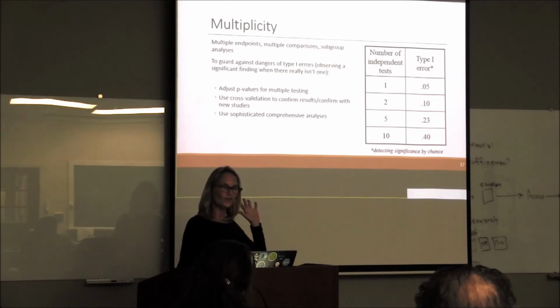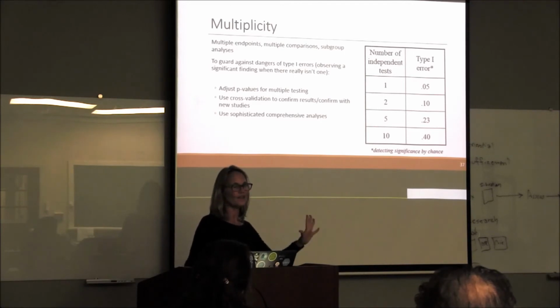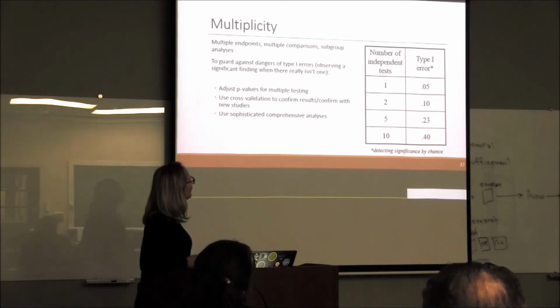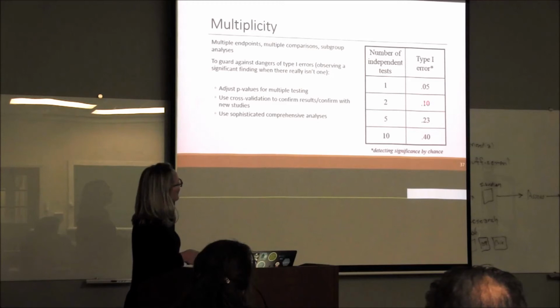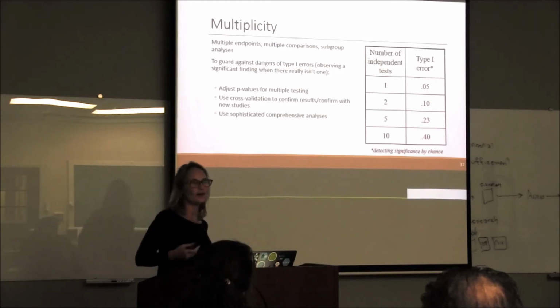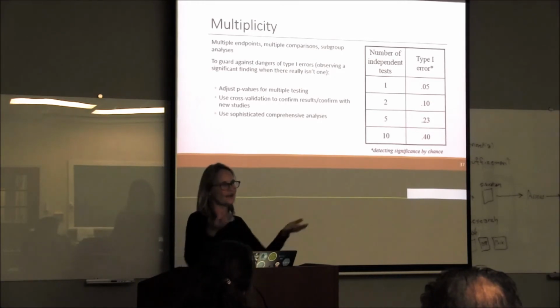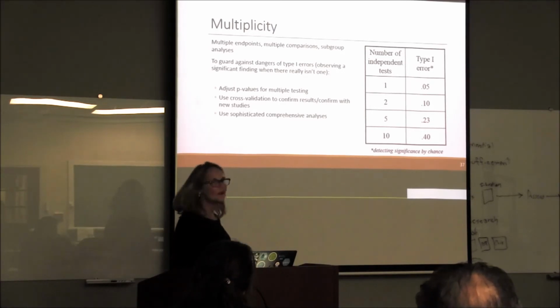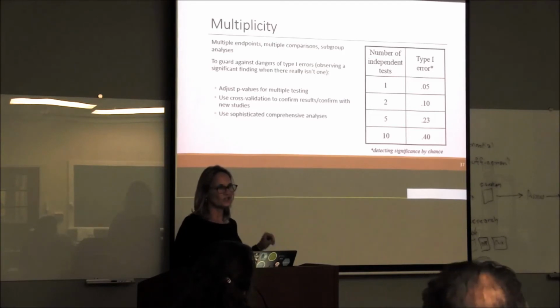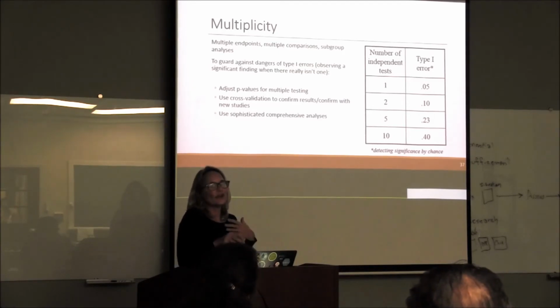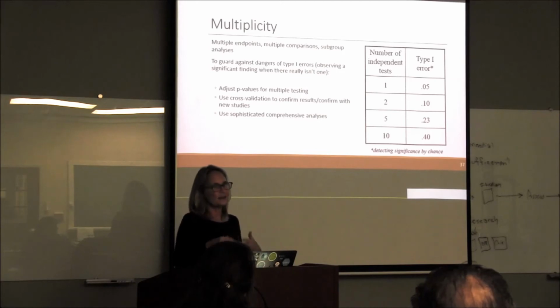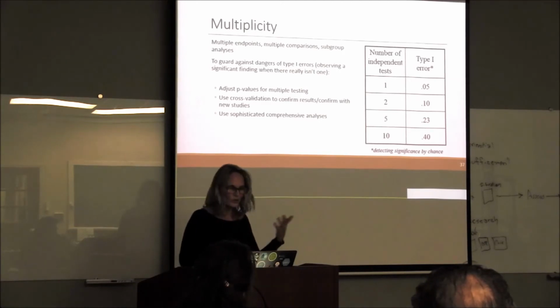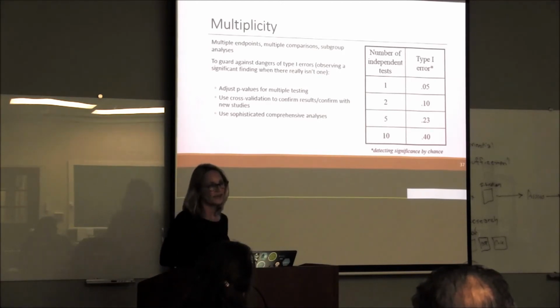If you're going to generate 5 overall p-values for your predictor of interest on these outcomes, then your probability of making a type 1 error is 23%. It's almost 1 in 4, right? What does that mean? It means you're going to say you have statistical significance when in fact it's just by chance alone. So you really need to pay very close attention to multiplicity when you're generating all these p-values and tables, and working with your statistician can really help you attend to that.